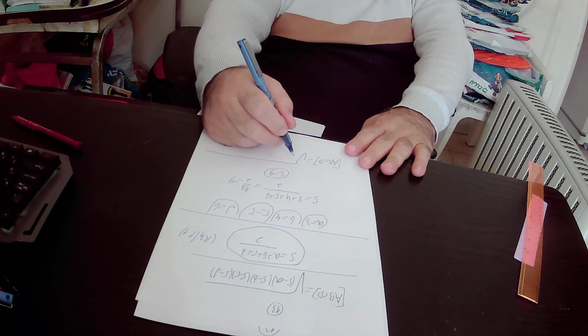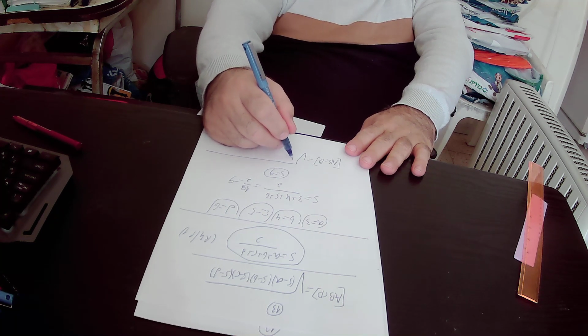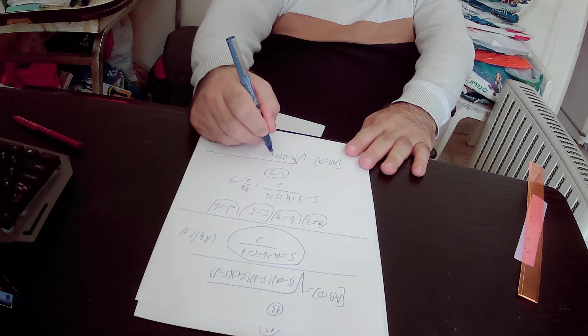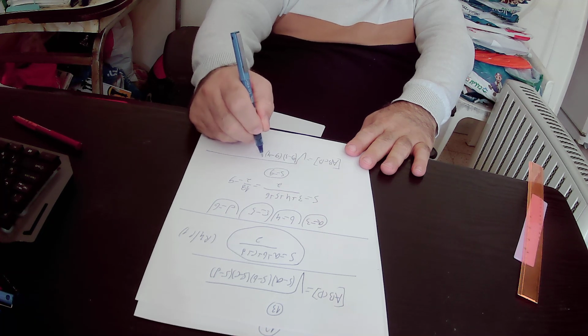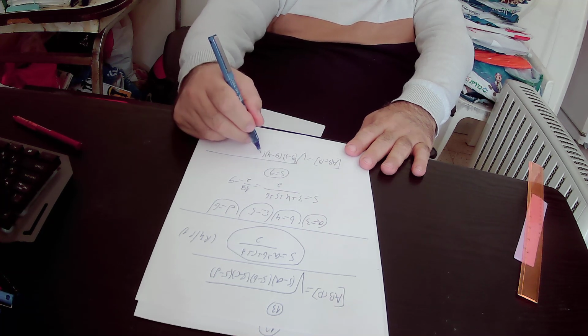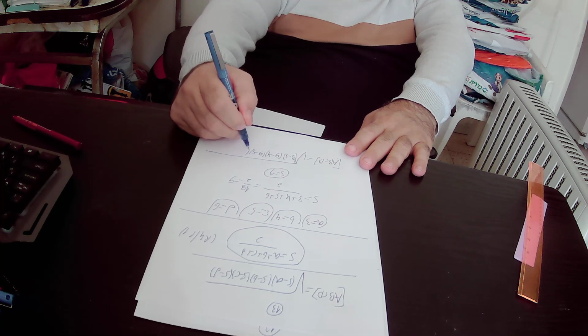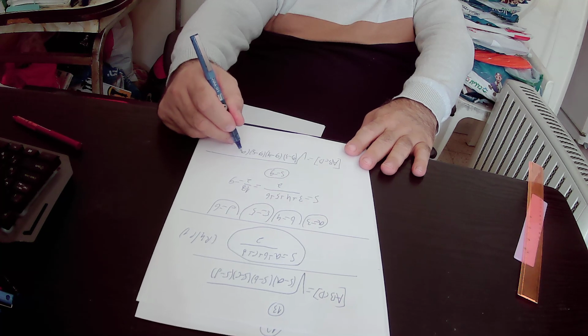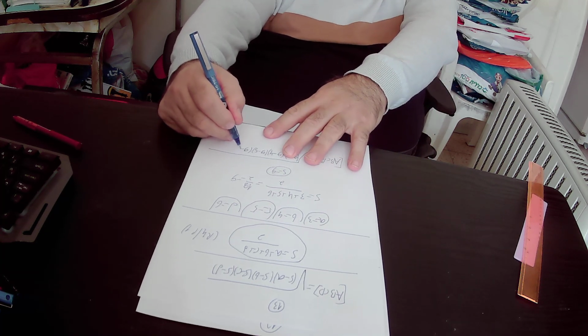S is 9 and A is 3, so it is 9 minus 3. S is 9 and B is 4, so it is 9 minus 4. S minus C: 9 minus 5. S minus D: 9 minus 6.